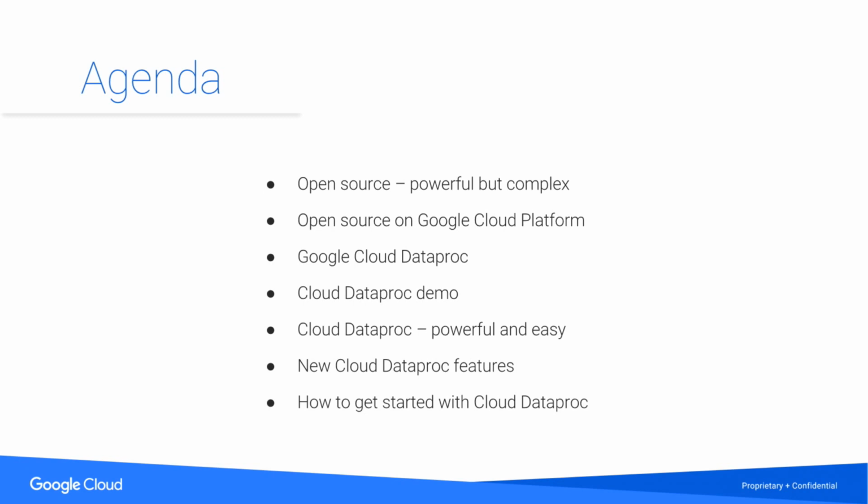I will give an introduction to Google Cloud Dataproc, and we will see a live demo of Google Cloud Dataproc, and learn how powerful and how easy it is to use. After that, I will discuss the new features of Cloud Dataproc, which we just recently announced, and at the end we'll help you with the resources with which you can quickly learn and speed up yourself on Cloud Dataproc.